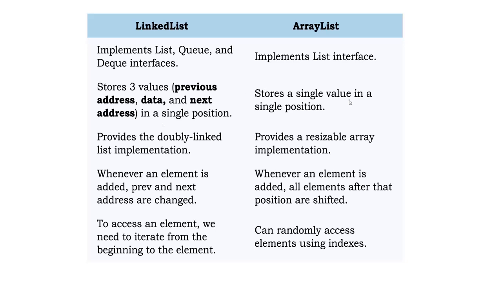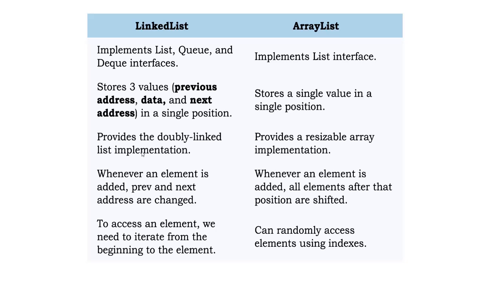Here, it stores a single value in a single position, one after the other. Okay, it will store in the form of a stack. We can say it provides the doubly linked list implementation. Why? Because the link whatever you saw, right, it is doubly linked.